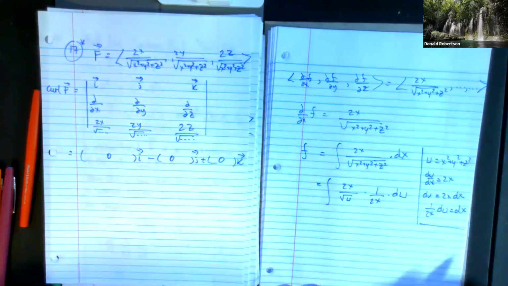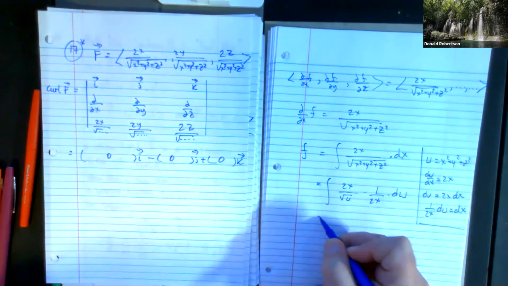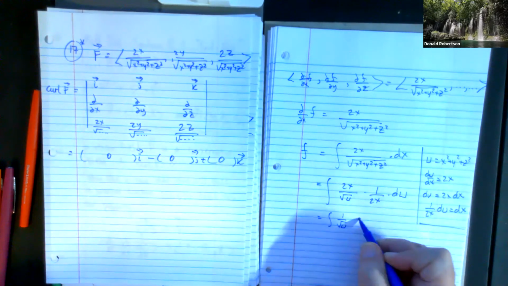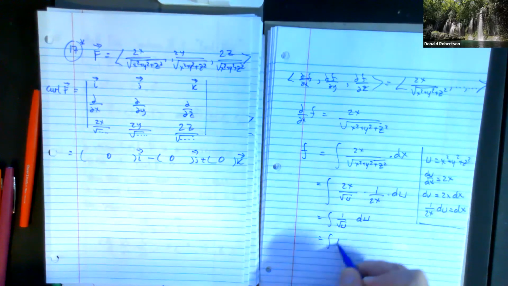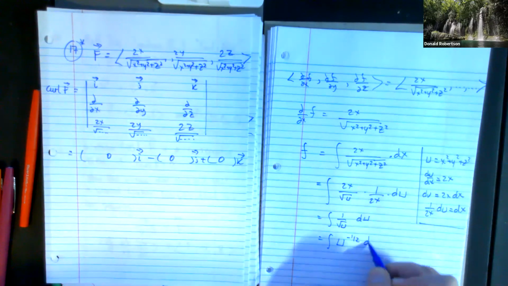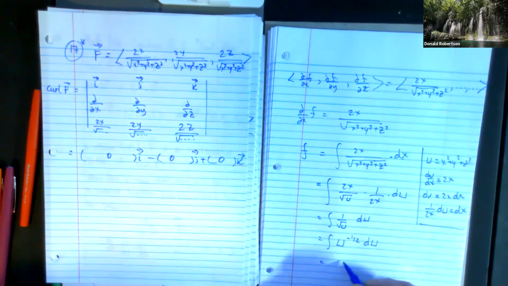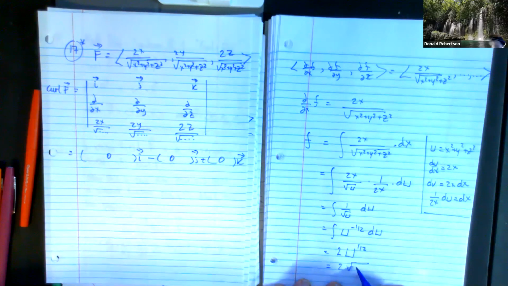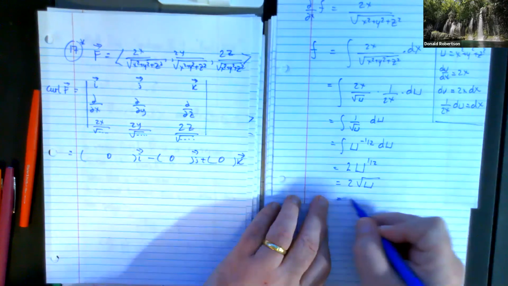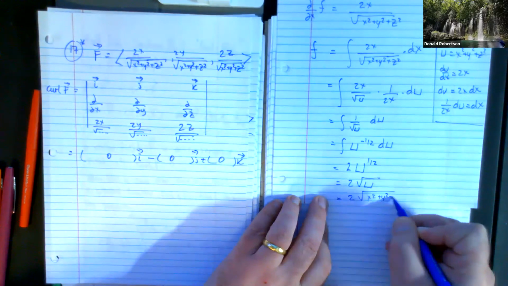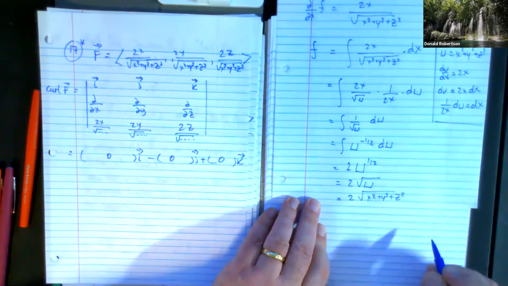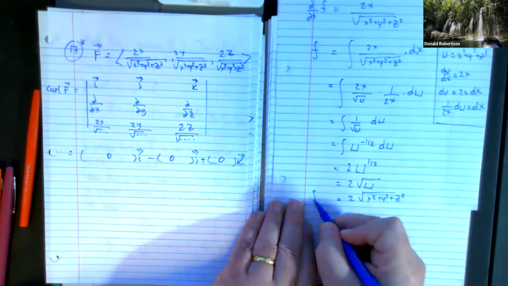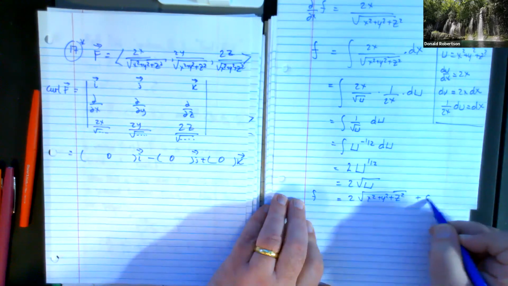All of this cancels, and it looks like this, which I will then convert into this. And now I have my integration hat on. Add 1 to the power, divide by the new power. That becomes that fella, which in turn becomes that fella. So f is this guy plus a constant that doesn't have an x in it.